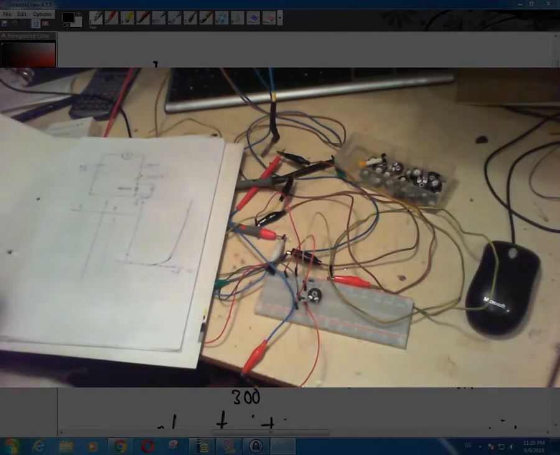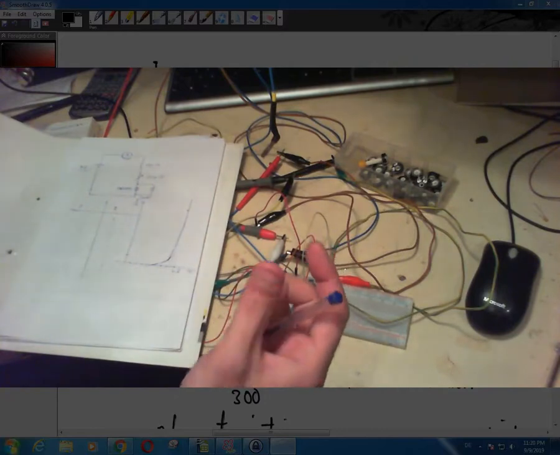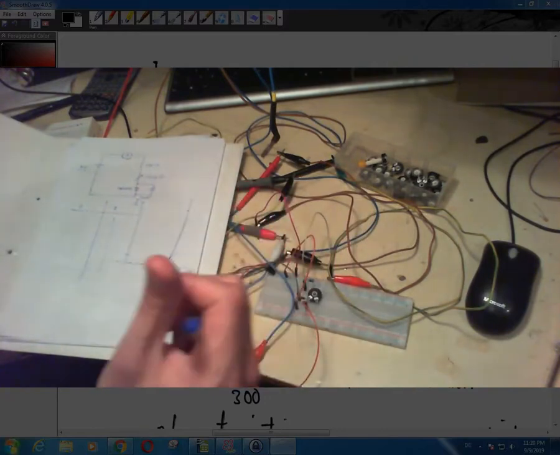I'm not saying how it works, it's how it behaves. I don't really understand how this circuit works, meaning as a result of what happening, that I don't understand.